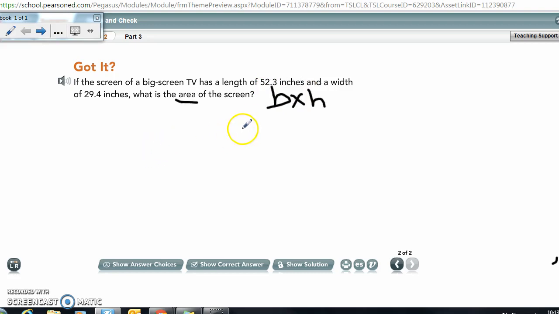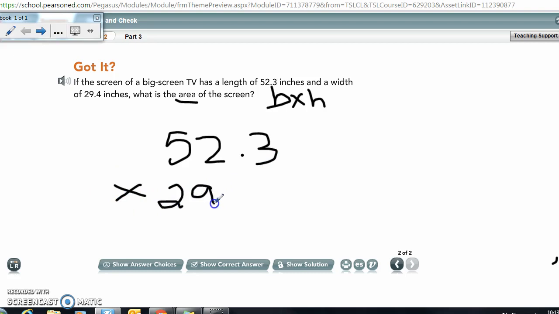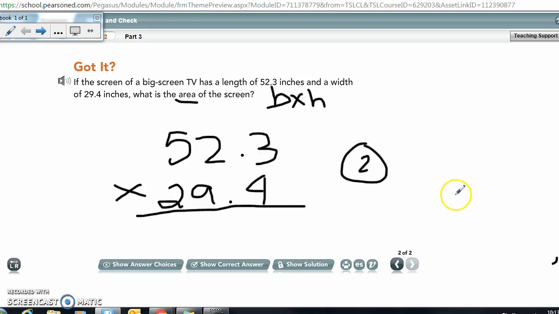So you know you're going to have to multiply 52.3 times 29.4. Then you move your decimal once here and once here, so a total of 2 times. Go ahead and solve this. Take your time. Press pause, and when you are done, go ahead and move on. Again, I'm going to be checking this got it tomorrow before you move on, and you see all of your work.